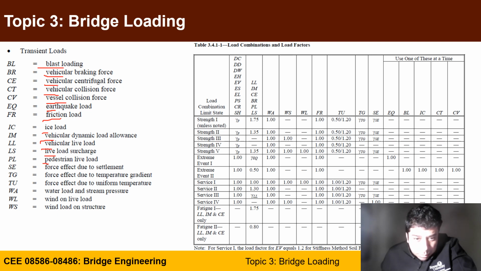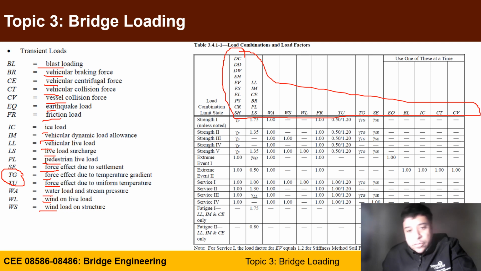You have pedestrian live load, PL; force effect on settlement, SE; and, as we discussed, temperature gradient, TG, and uniform temperature, TU. We have water load, stream pressure, wind on live load, and wind on structure. So this gives you a sense of what those abbreviations for the loads are.